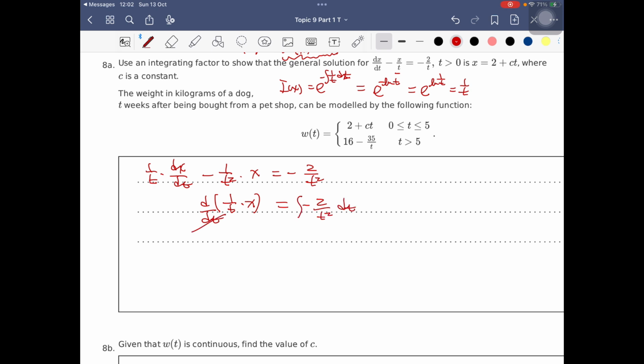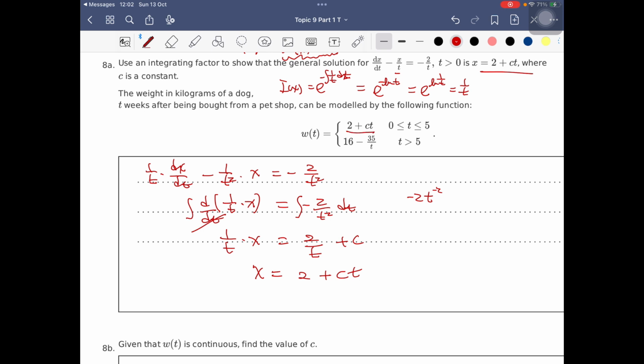So when I move the dt to the right side and make the integration, then x over t is 2 over t, so negative 1 over t plus c. So now x equals 2 plus ct. Oh, so now we found it. So we showed it.